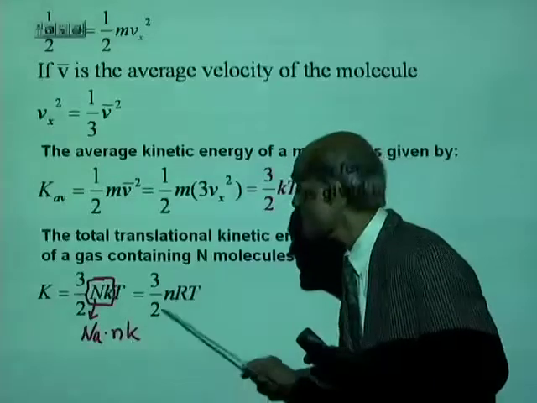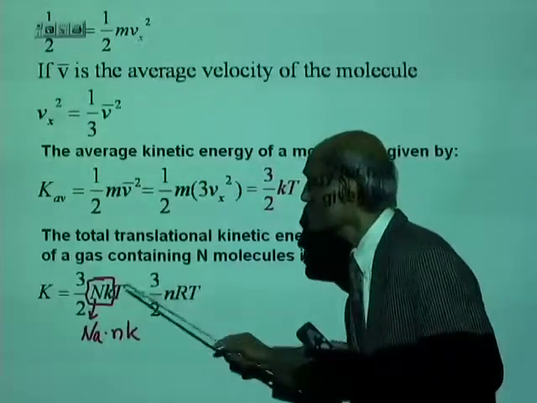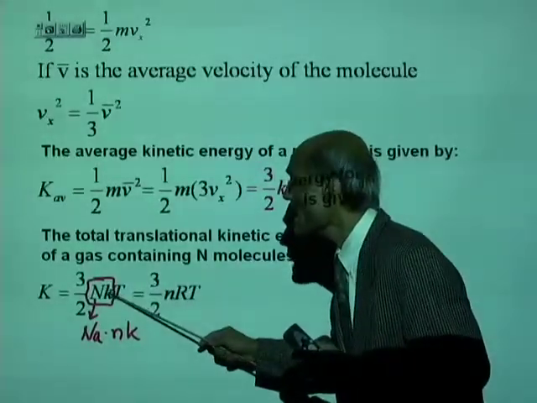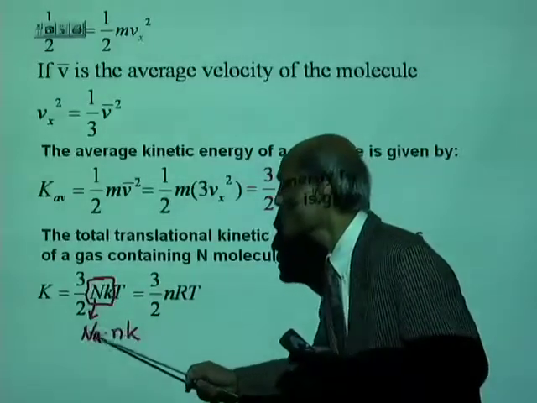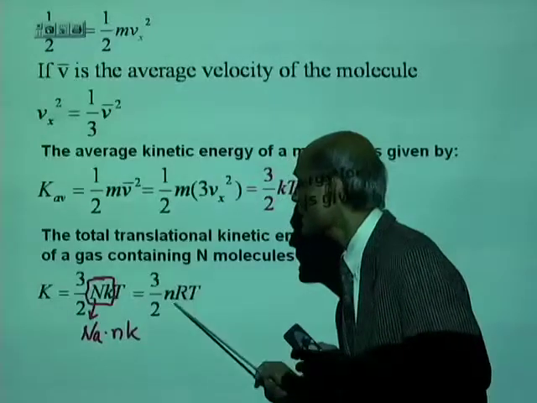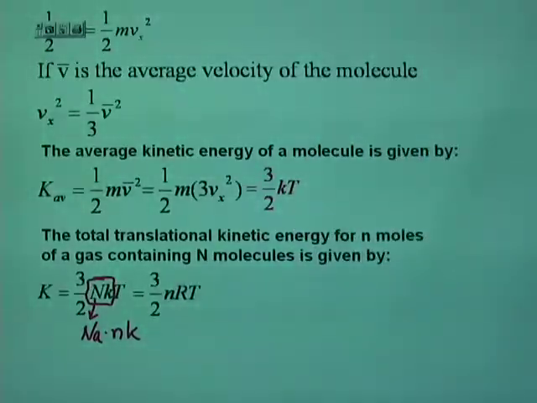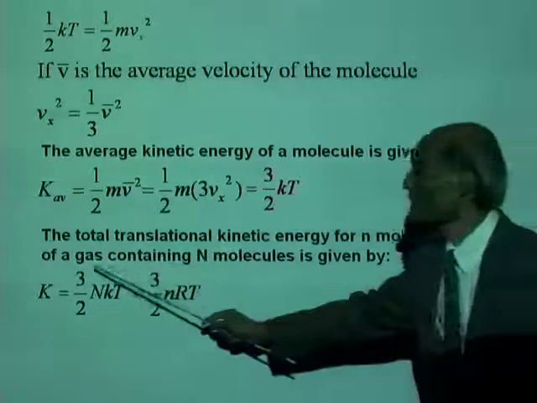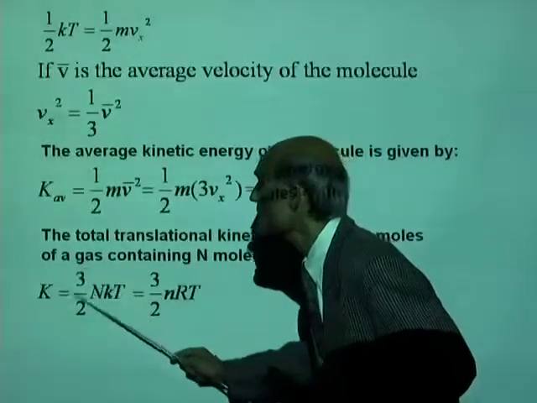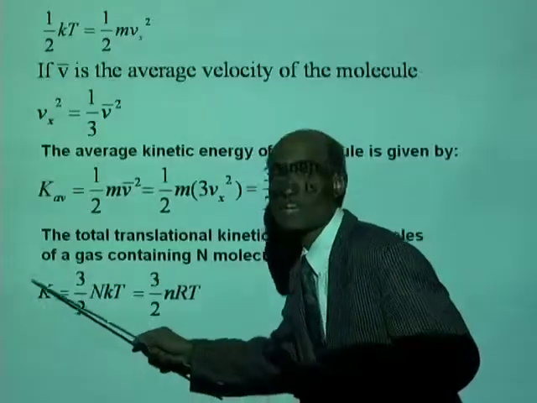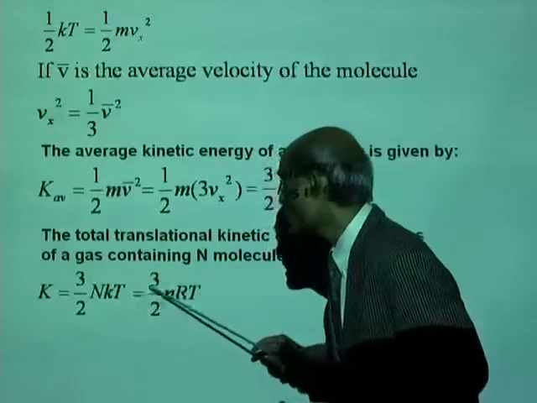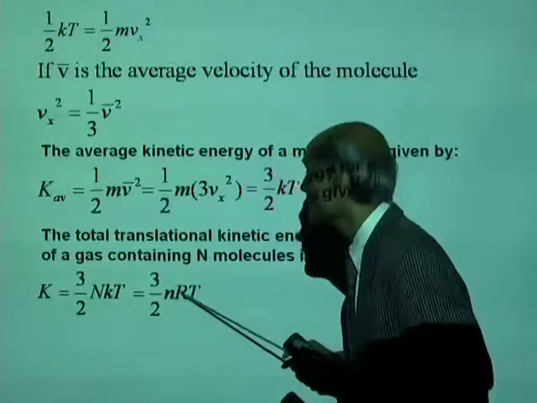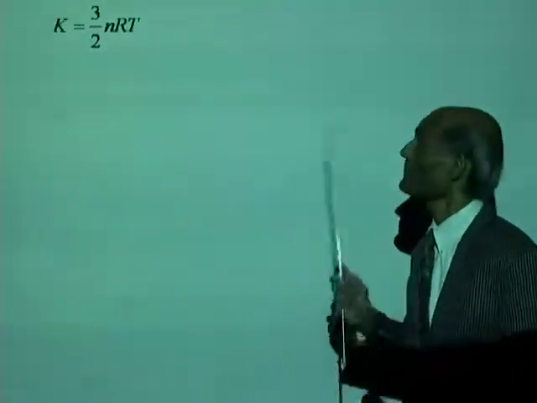Na times k is called your R. So big N times k equals small n, the number of moles, times Na times k, which is R. Okay, let's go on. So 3 over 2 NkT is the total translational kinetic energy of N molecules, which is the same as 3 over 2 nRT. Alright?